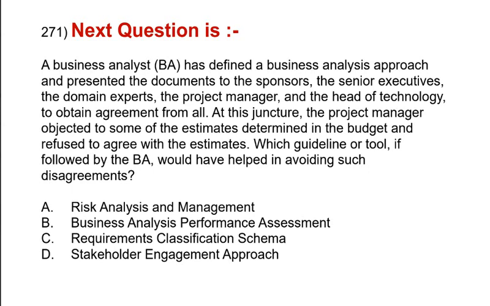Which guideline or tool, if followed by the BA, would have helped in avoiding such disagreements? Option A, risk analysis and management. Option B, business analysis performance assessment. Option C, requirements classification schema. Option D, stakeholder engagement approach. Correct answer is option D.